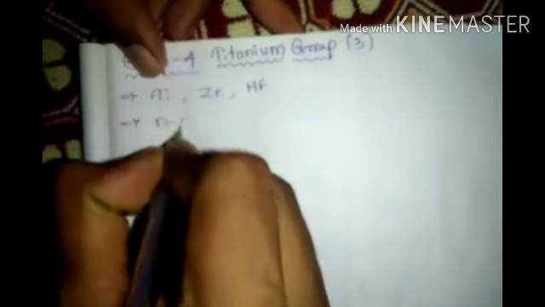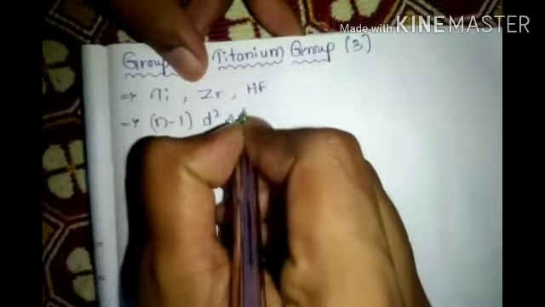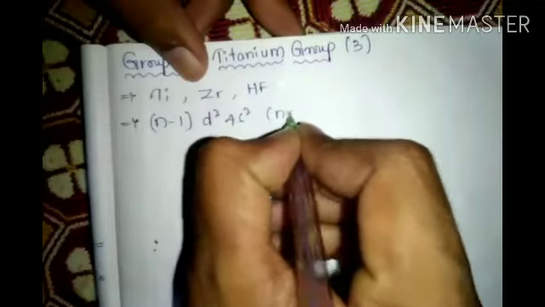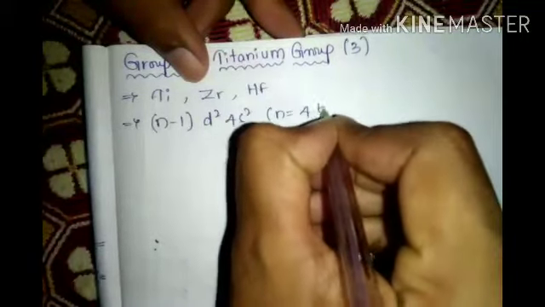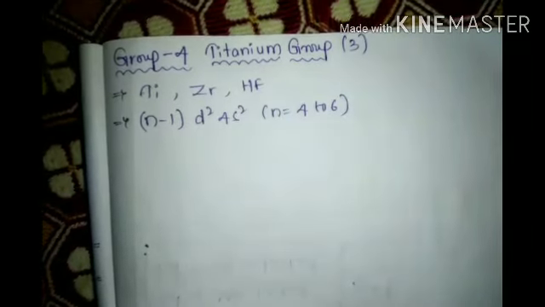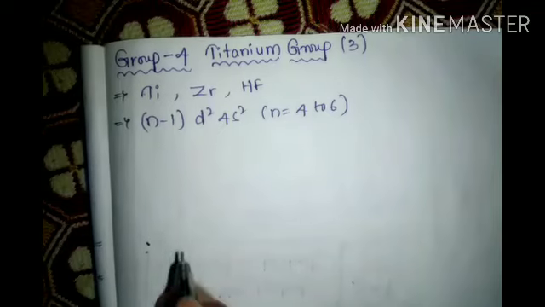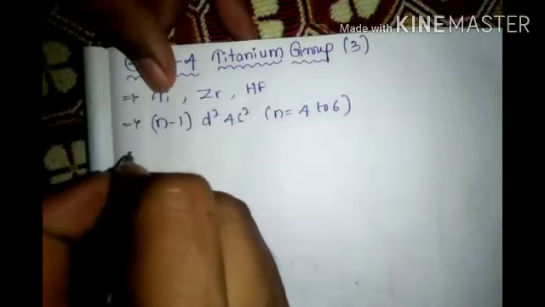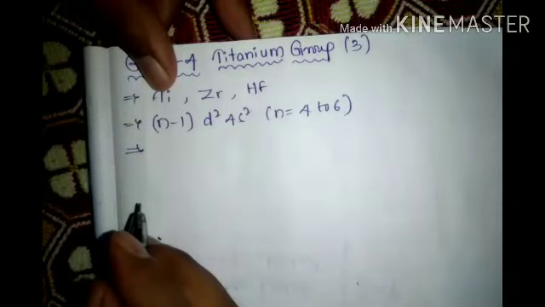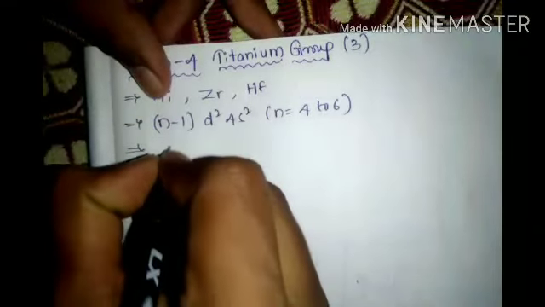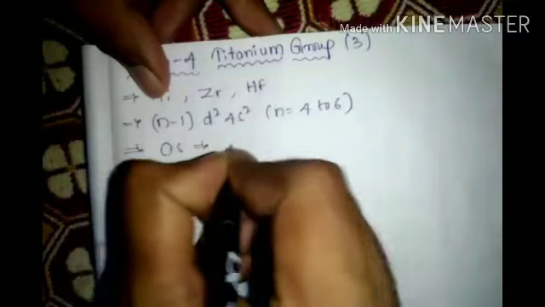Okay, the general electron configuration is (n-1)d2 ns2, n equal to 4 to 6. The oxidation state is +4.